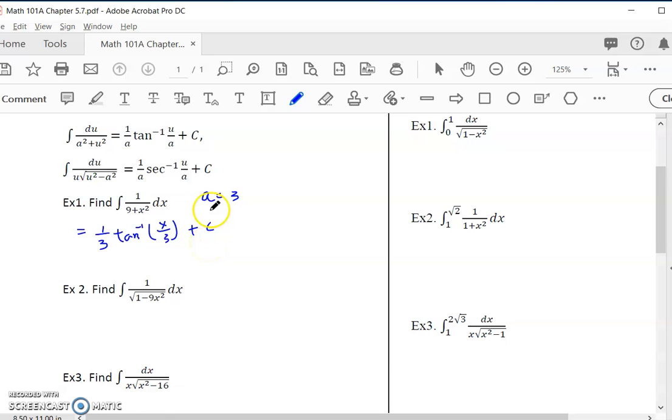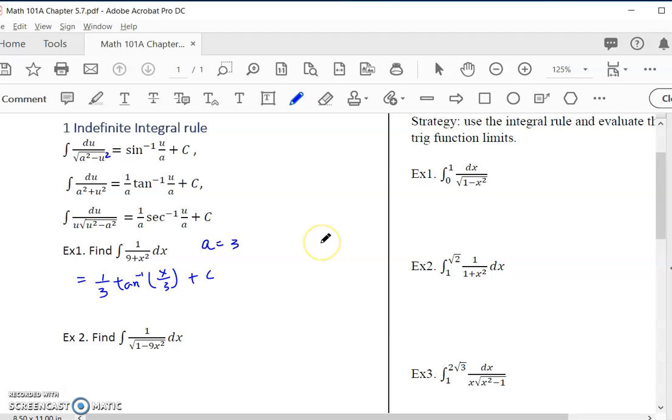The next one is 1 minus 9x squared, so it's the square root of a squared minus u squared. I'll write the rule here: the integral of du over the square root of a squared minus u squared is equal to sine inverse of u over a plus c.